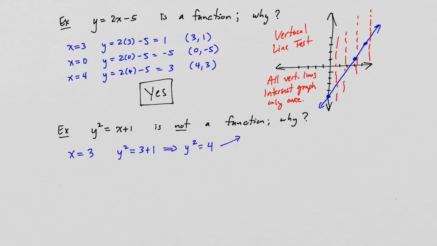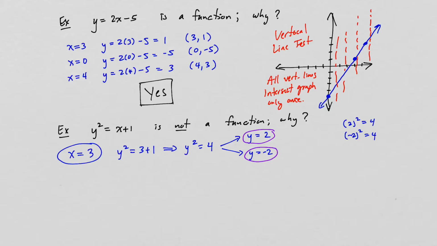But if y squared is equal to 4, we know that y can be 2 or y can be -2, because 2 squared is 4, and also -2 squared is 4. This is a problem. What we have here is a single value for x, and we're getting two different values for y.